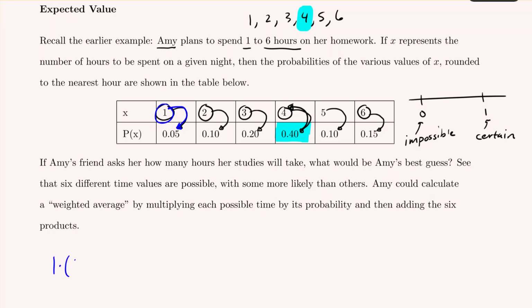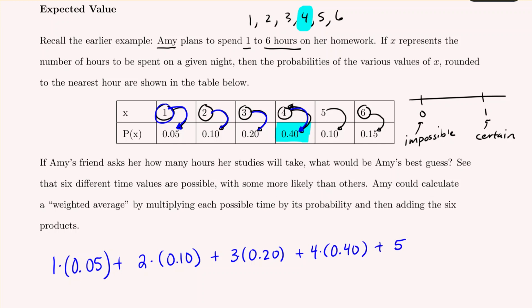So 1 times 0.05, and then you just continue down through the table until you've paired every data item and its probability. 2 and 0.1, 3 and 0.2, and add them all together. 4 and 0.4, 5 and 0.1, 6 and 0.15.